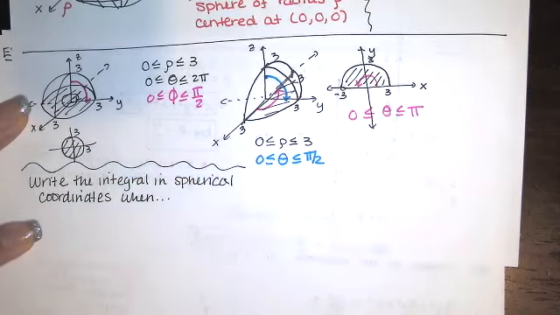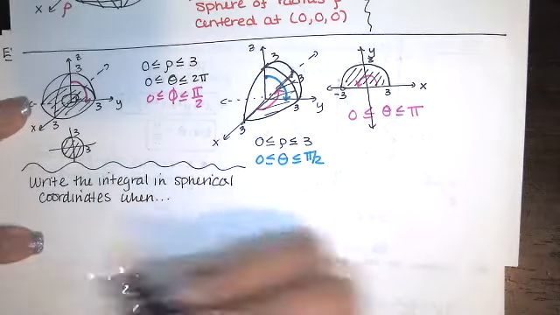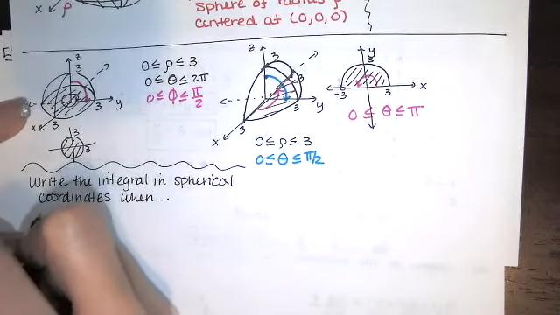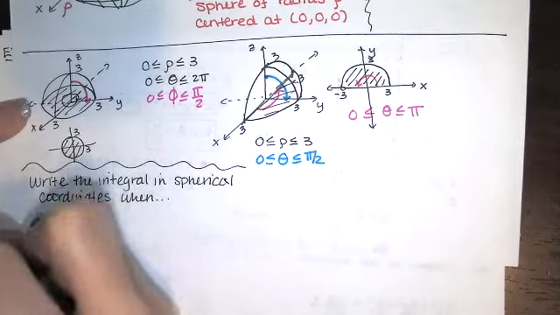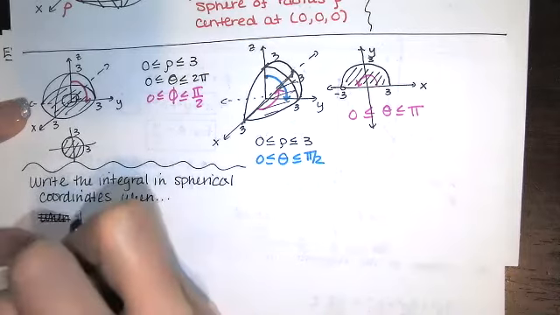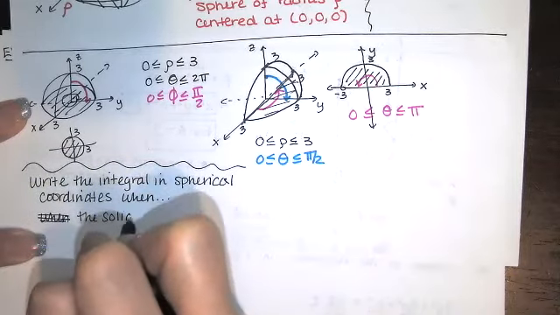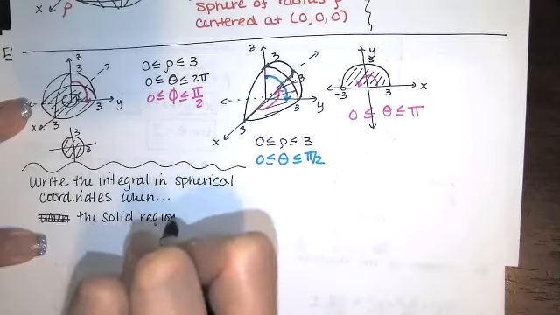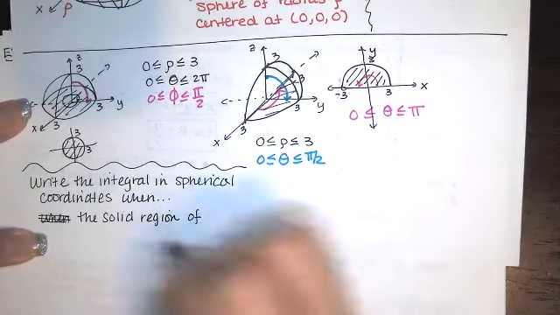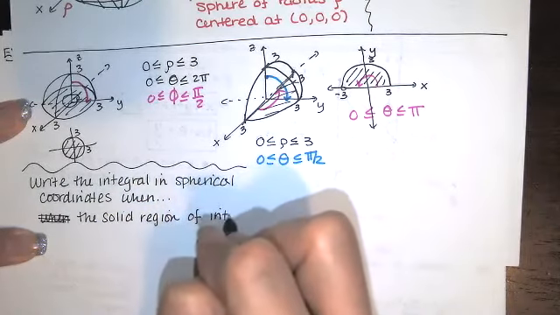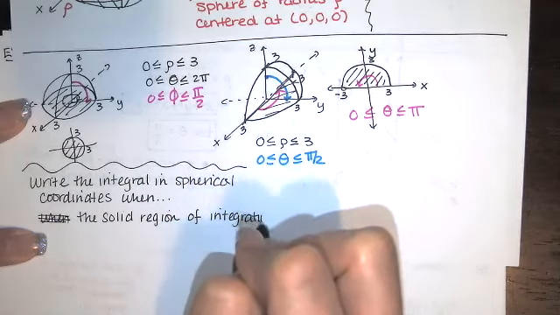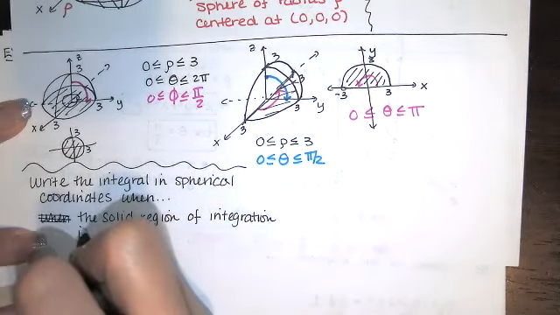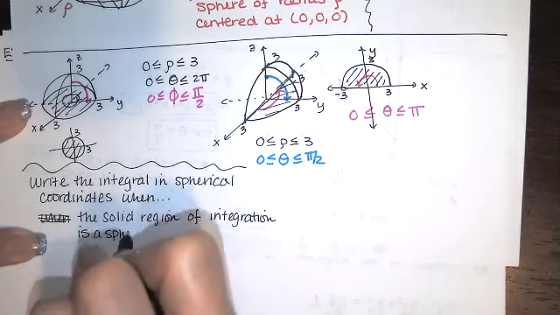And it's sort of exactly what you would expect. You're going to write the integral in spherical coordinates when the solid region of integration, because we're doing a triple integral, so it's a solid region that we're integrating over, is a sphere or part of a sphere.